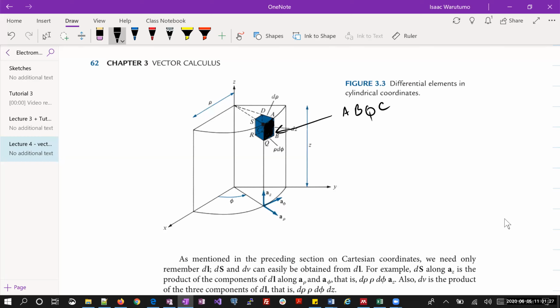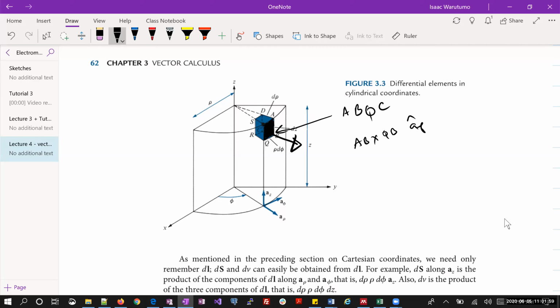If you had that elemental surface area and you wanted to find its value in terms of vectors, you'd simply say the length AB times length QB. Then the vector is going to be facing outward from the volume, and that is going to be a rho.